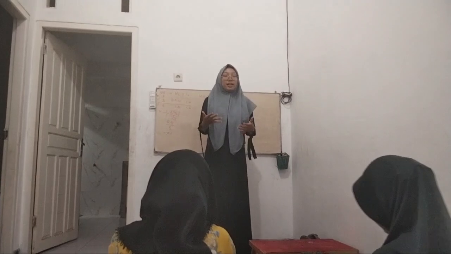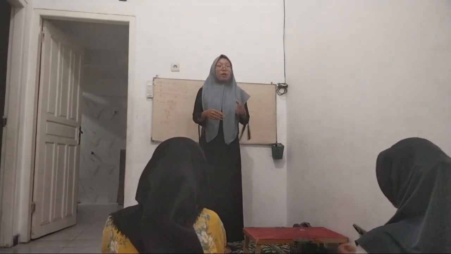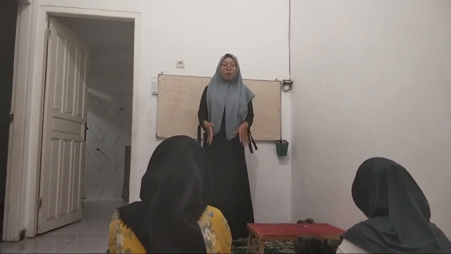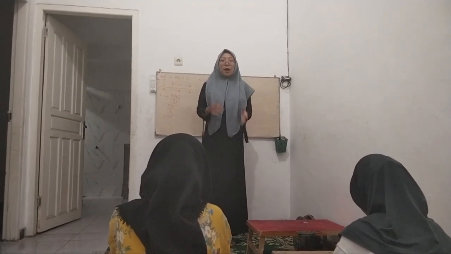I already sent you a YouTube link for one narrative text with the title Bawang Merah and Bawang Putih. Now, each group, make your own narrative text based on the video on YouTube.